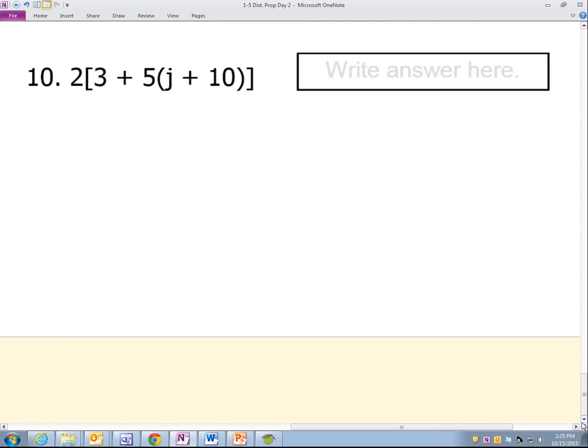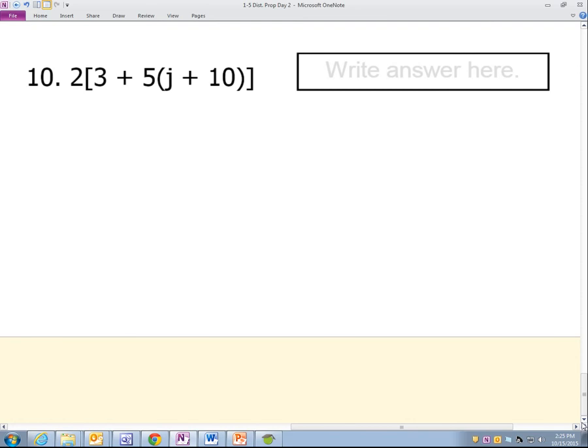Because in order to do order of operations correctly, you have to do parentheses first. Brackets are the next round of parentheses because we're going to be doing multi-step stuff the rest of the year.